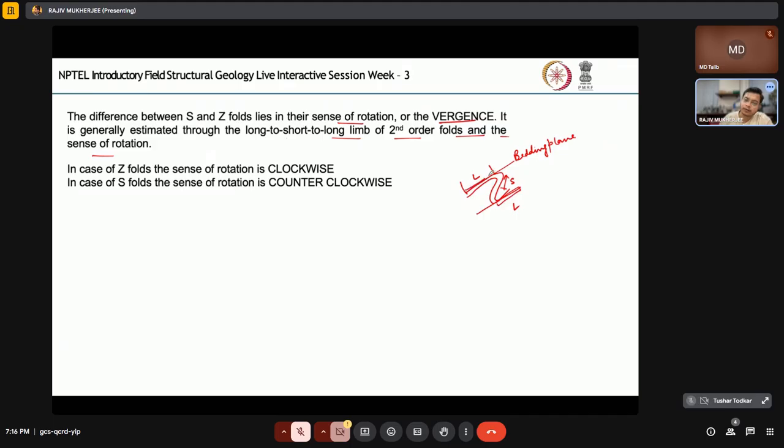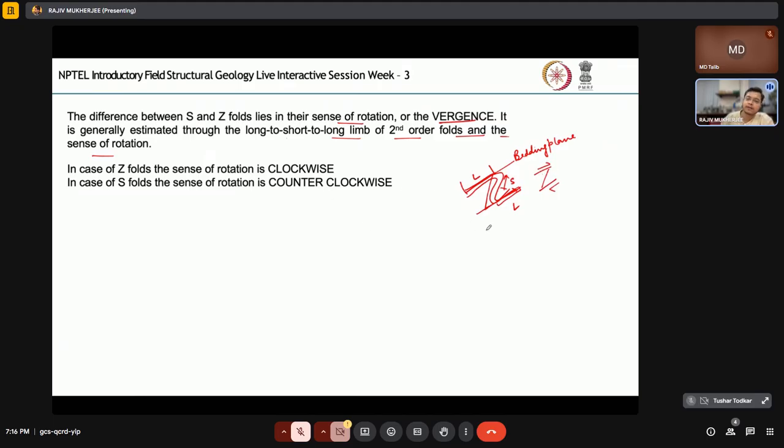So long to short to long. This is the general pattern of how we recognize these folds. This makes a shape of Z, and that is why we call them Z folds.